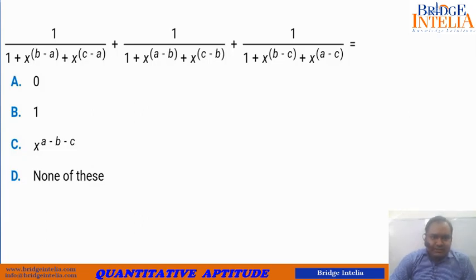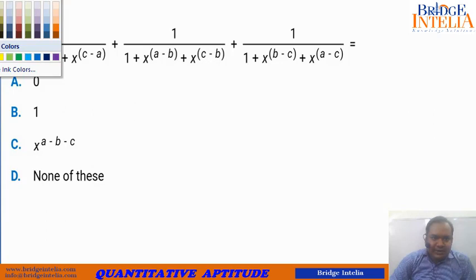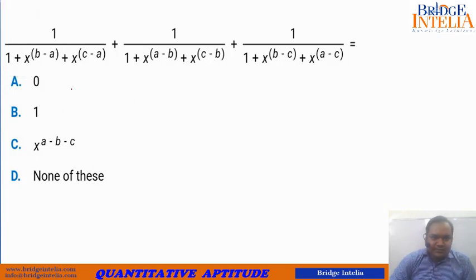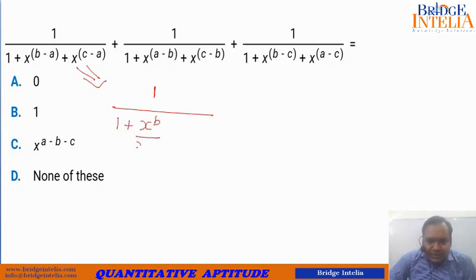Now let's expand this expression using the same funda that I just told you, writing exponents in fractional form. Let's see what the first term can be rewritten as. The first term can be rewritten as 1 divided by 1 plus x to the power b upon x to the power a plus x to the power c upon x to the power a.